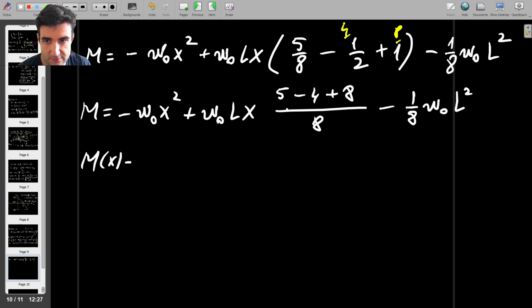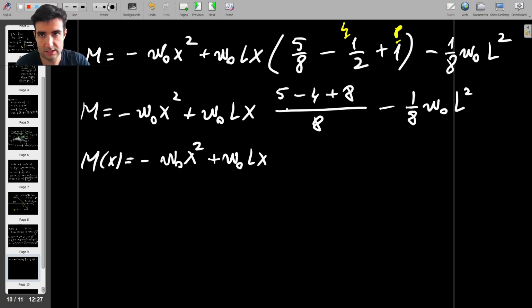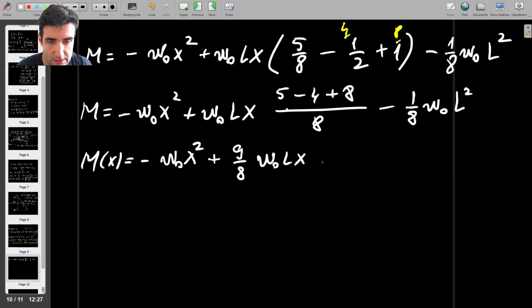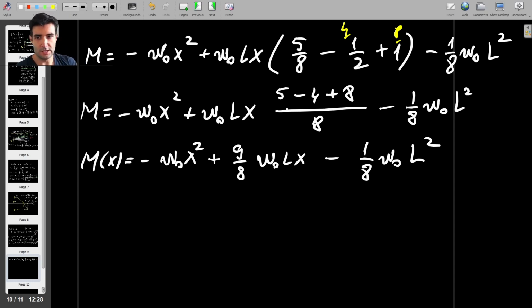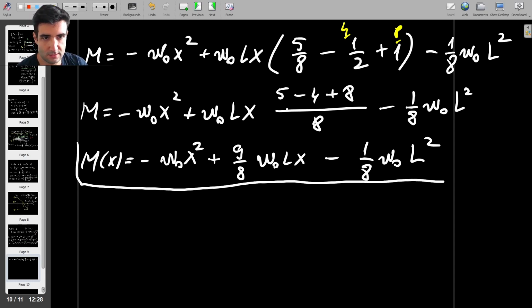So this is 5 minus 4, which is 1. 1 plus 8 is 9, so this is going to be 9 over 8. I'll put that 9 over 8 in front, and then minus 1 over 8 W naught L squared. And that's it. That's the moment.